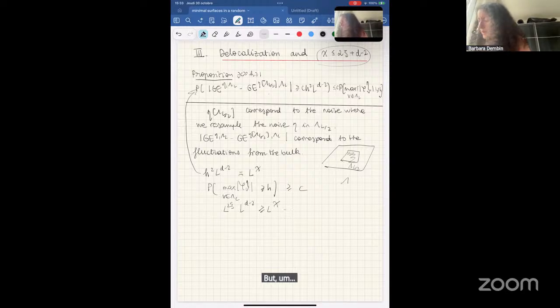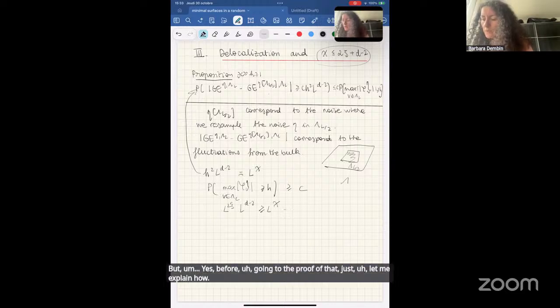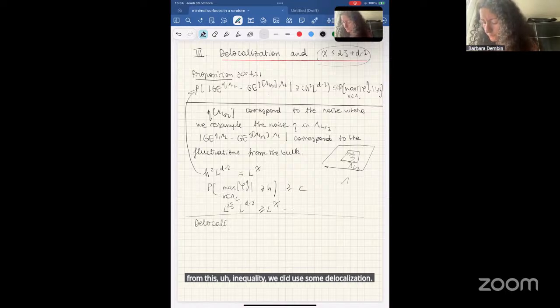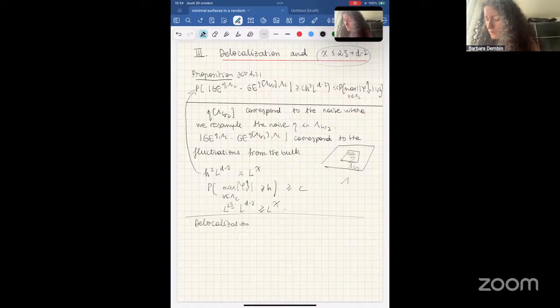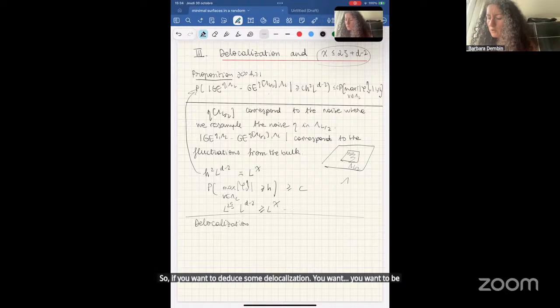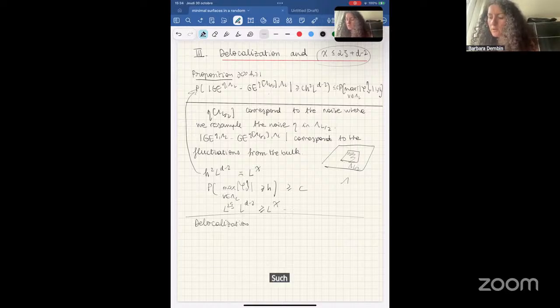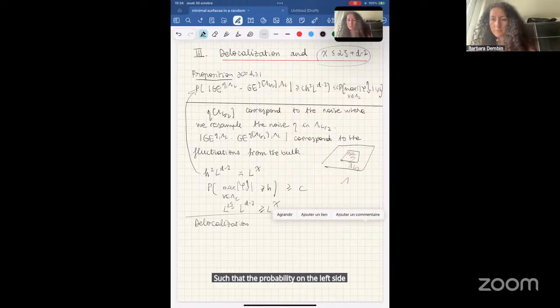But yes, before going to the proof of that, just let me explain how from this inequality we deduce some delocalization. If you want to deduce some delocalization, you want to be able to find h such that the probability on the left side is typical.